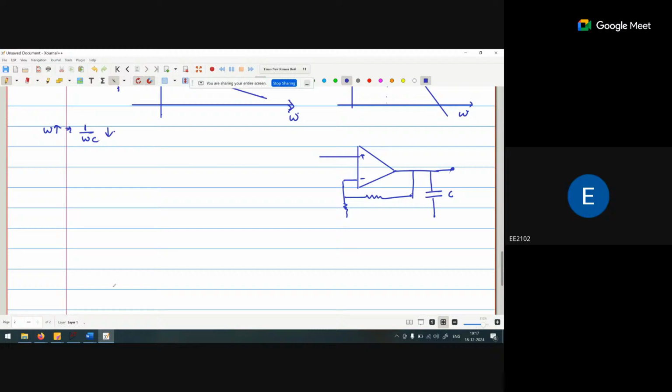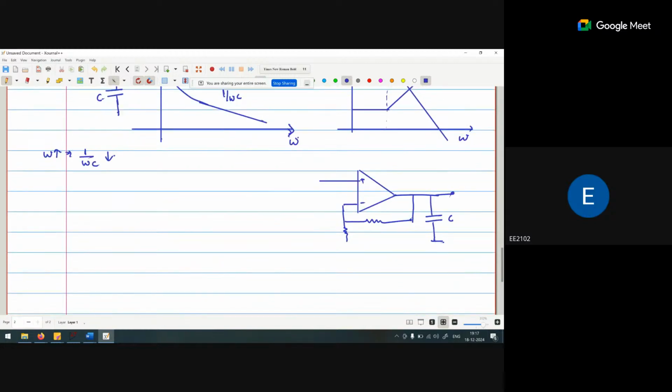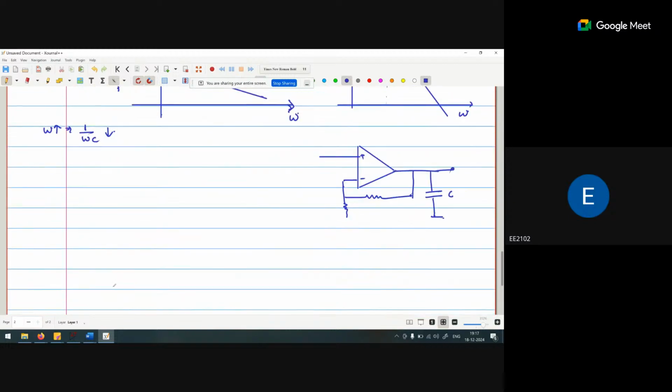Okay, now if I introduce one capacitor at the output side, what is the effect on Z out? I just draw it here. This is my omega.